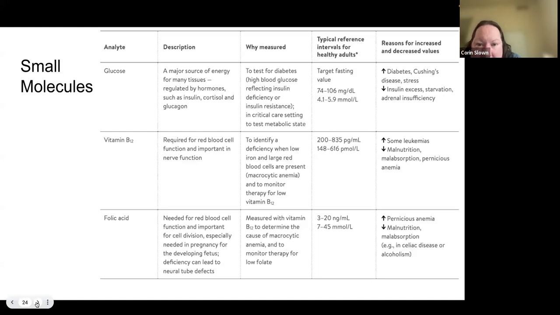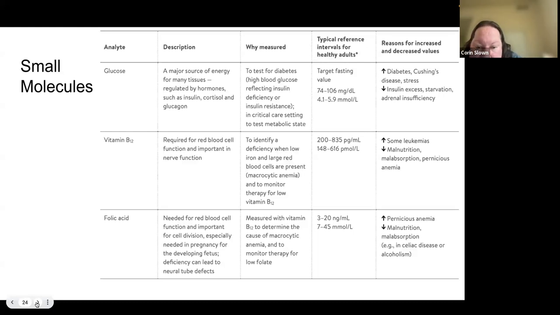If you're thinking about why we measure these, glucose is usually what's used to measure or test for diabetes or for insulin resistance. Vitamin B12 is usually a deficiency that we see associated with iron.